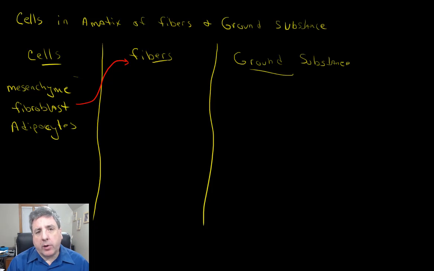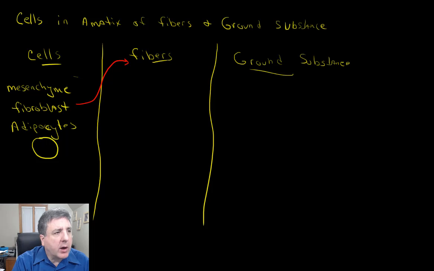Adipocytes are fat cells. Adipose tissue is made up of adipocytes, and these cells are kind of neat looking. Not the most interesting cell to me, but they're just pretty big cells. They don't look like there's anything in them. It's just kind of a blank white spot underneath the slide.